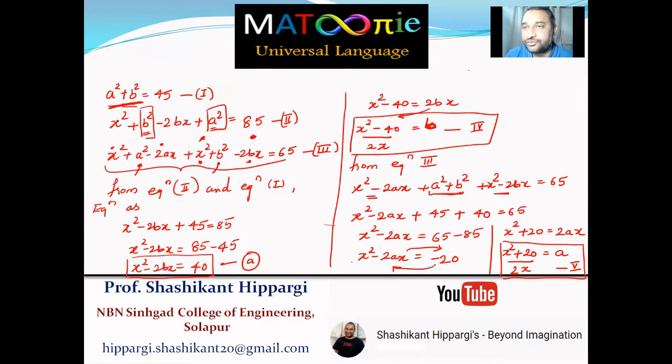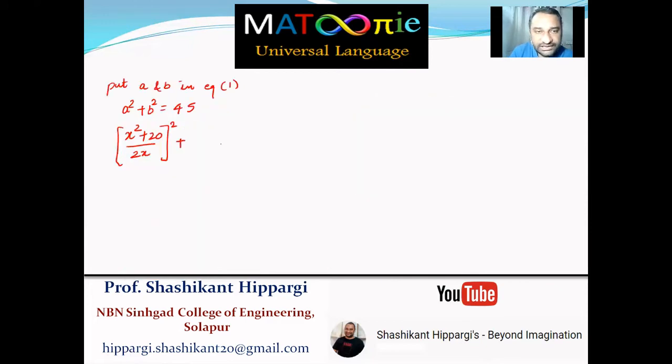It is x square minus 40 divided by 2x. So here I can say x square minus I think 40 divided by 2x. Okay. And the square of this, because this is b, and the square of this must be equal to 45. Now this is the equation that we have got.